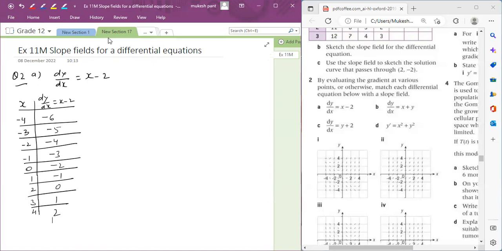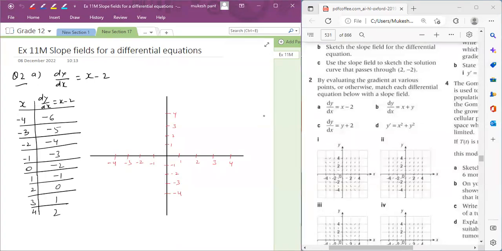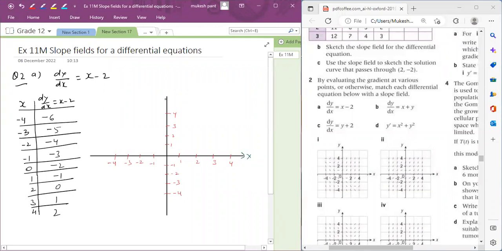Now we need to draw this. So this is the Cartesian plane, x-axis and y-axis. See what the meaning of this is. If x equals -4, the gradient is -6. It means wherever x is -4, the gradient will be -6.